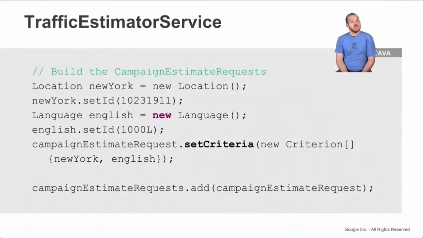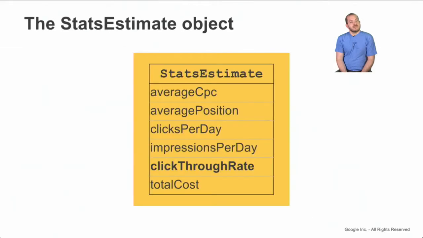So we're going to assume that all these keywords are placed into a campaign whose location is New York. This is the location ID for New York in the example code here. And whose language is English. Again, here's the criteria ID for English. So you could set those criteria on the campaign estimate request, and then add the campaign estimate request.